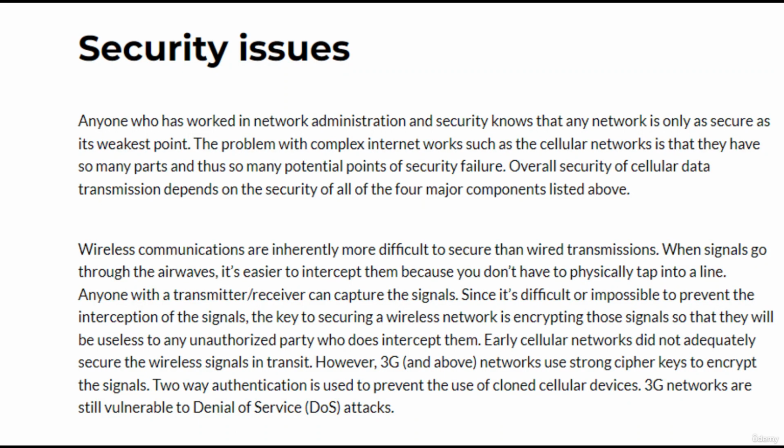There are some security issues. Anyone who has worked in network administration and security knows that any network is only as secure as its weakest point. The problem with complex internetworks such as the cellular networks is that they have so many parts and thus so many potential points of security failure.